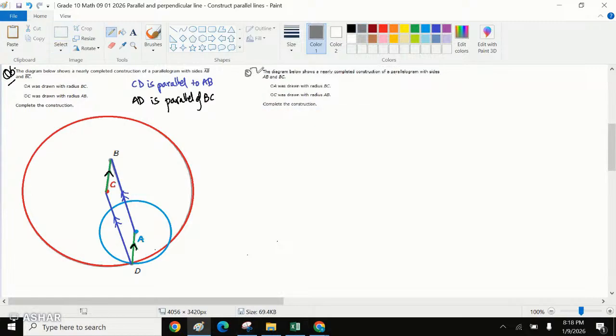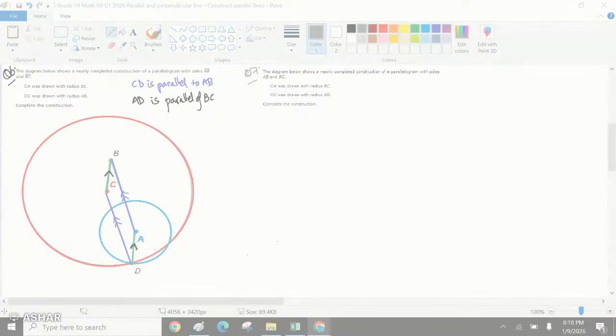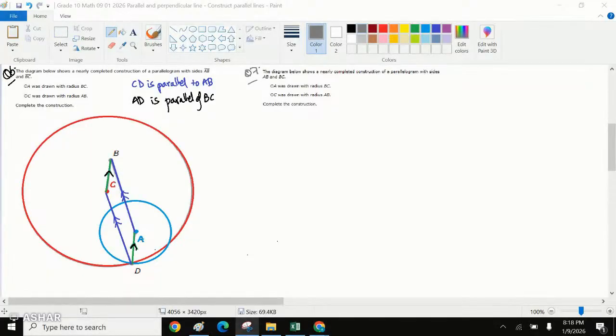Question number 7. If the size of the circles will be the same, then it would be a square, right? But the size is not the same. Just a minute.